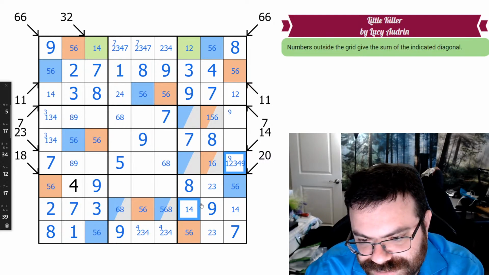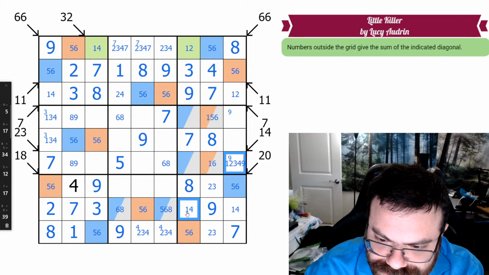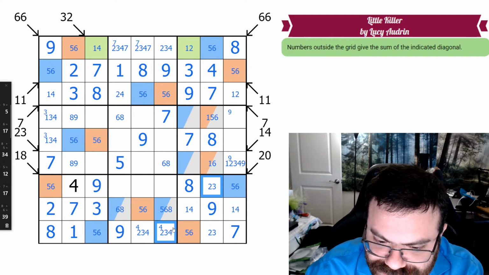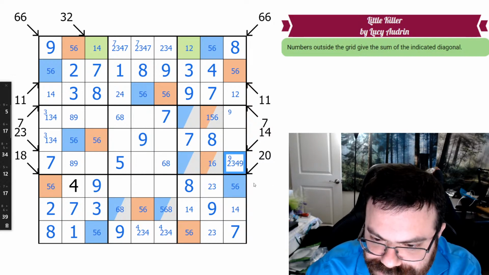I see. Okay, so if this is a 1, that's 4 and that's 1. So these would both be 1s. That adds to 2, so these would have to add to 12. I don't think those two can add to 12. So this is not a 1.